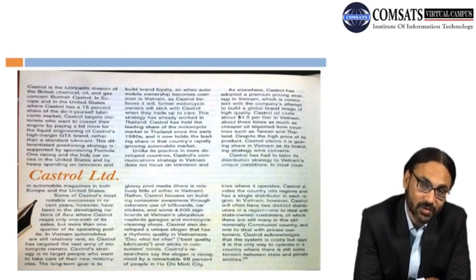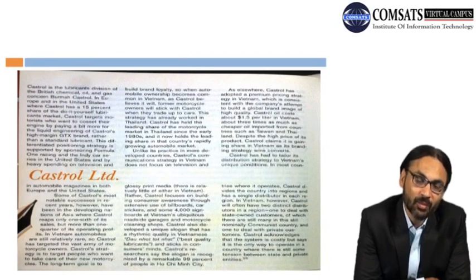Now they are talking about establishing their footing in the market. In Vietnam, they are trying to concentrate on the motorcyclists. What they are foreseeing is that at the moment the number of automobiles is low, and people are using more motorcycles, but in the future the number of automobiles will increase as the country develops.